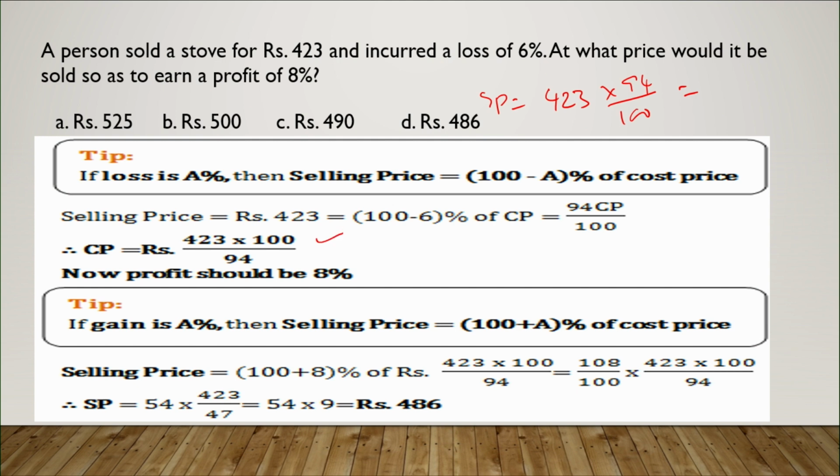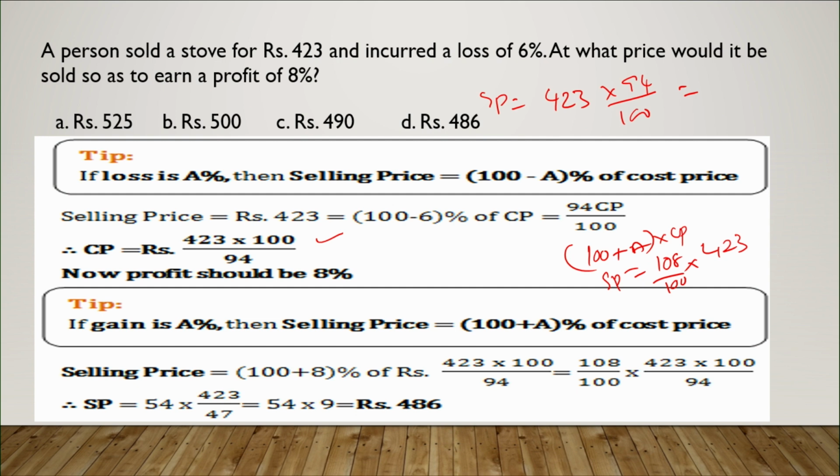Next, at what price will it be sold at a profit, and 8% is given. If the gain percent is a%, then the selling price is 100 plus a by 100 into cost price. For 8%, it is 108 by 100 into cost price, and this is the selling price.